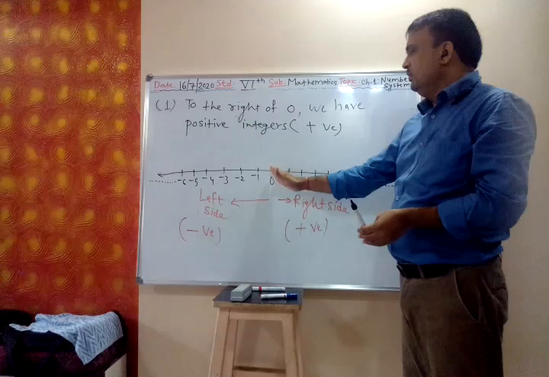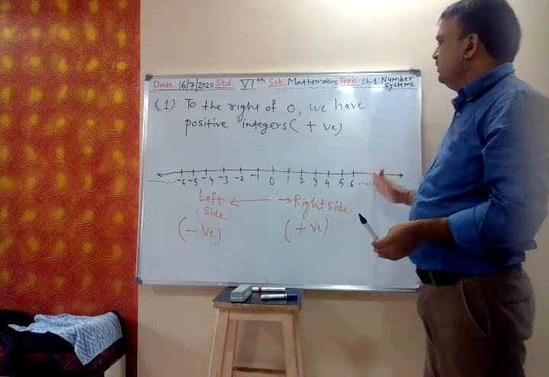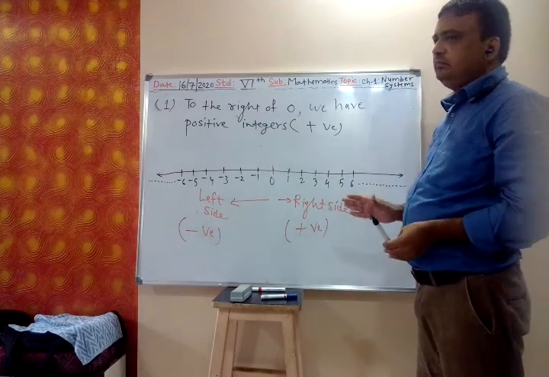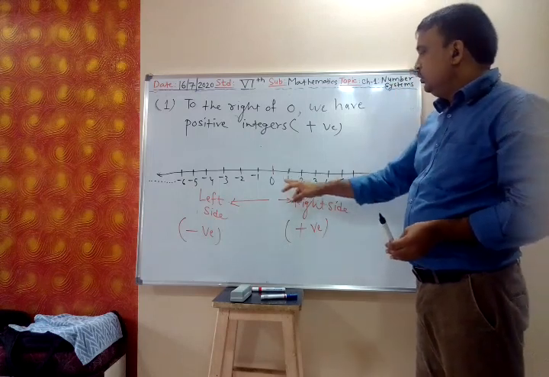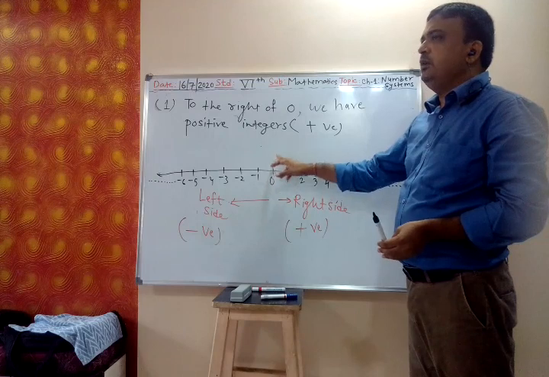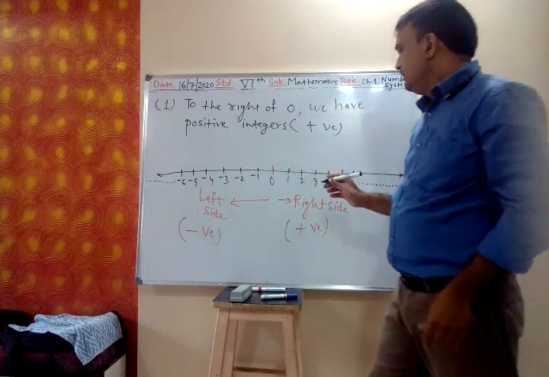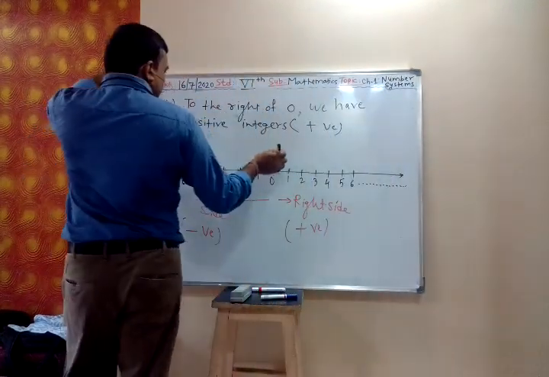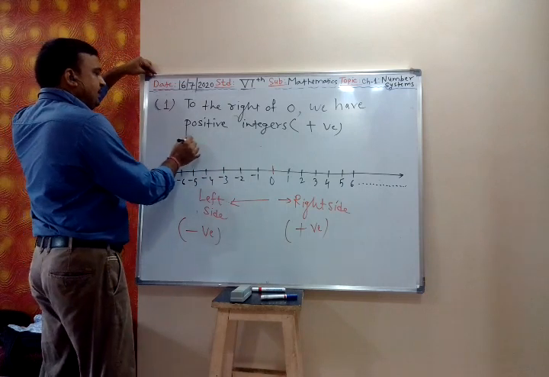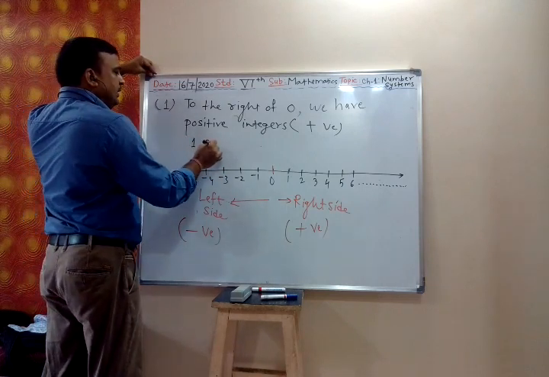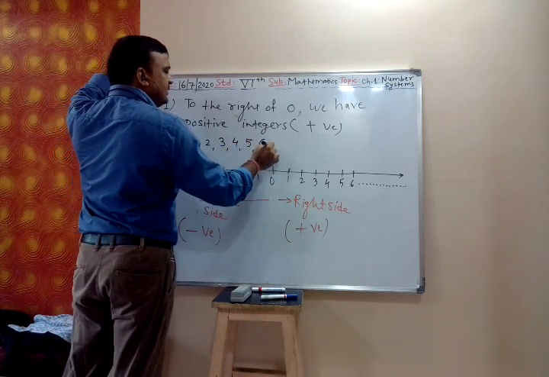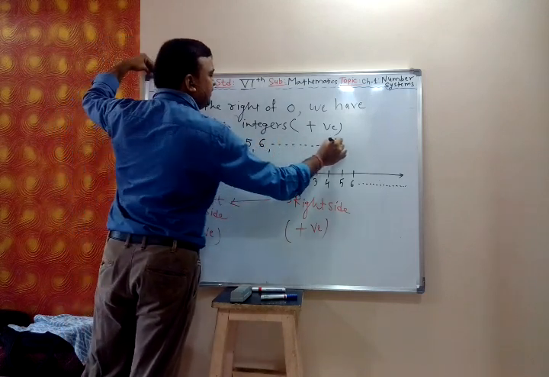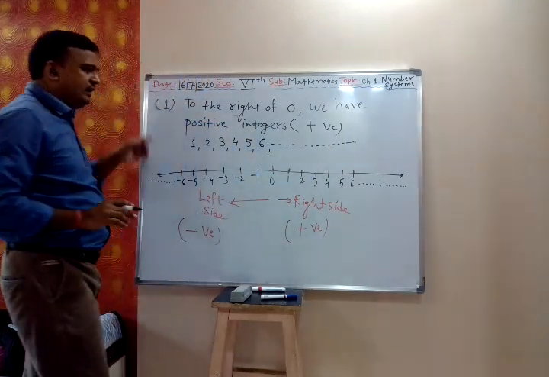See, this is my 0. To the right of 0, I am giving this for understanding, we have positive integers: plus 1, plus 2, plus 3, plus 4, plus 5, plus 6, dash, countless. Write this.